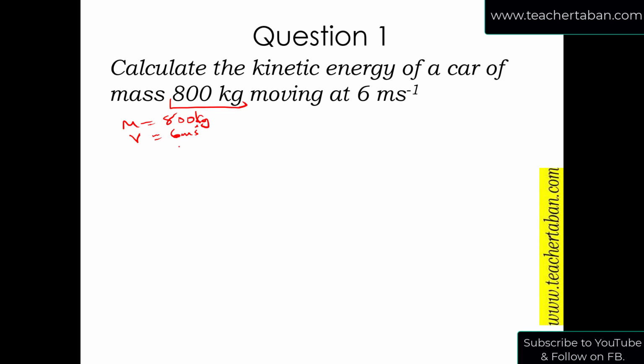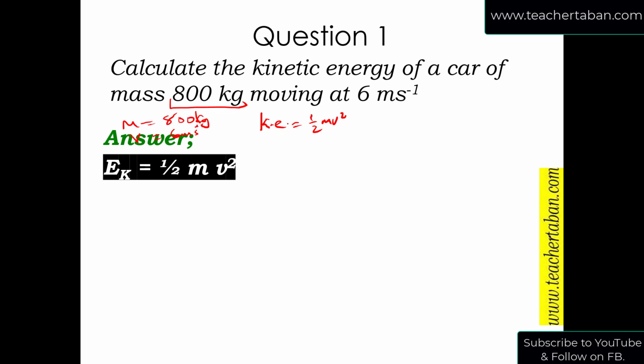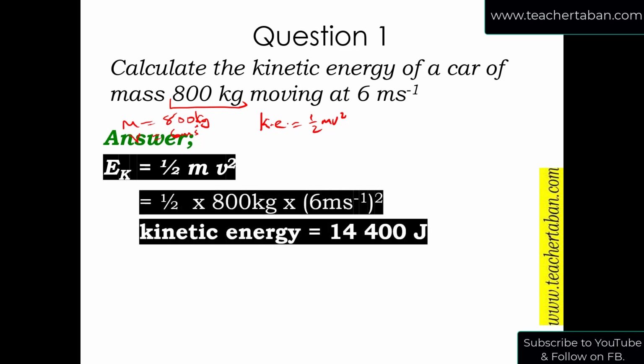Also remember, in case we're going to calculate anything, try to write down the equation. Kinetic energy is given by a half mv squared. We have everything, so we just substitute, and everything is in SI units. Kinetic energy is a half mv squared. Our mass is 800. Our speed is 6.